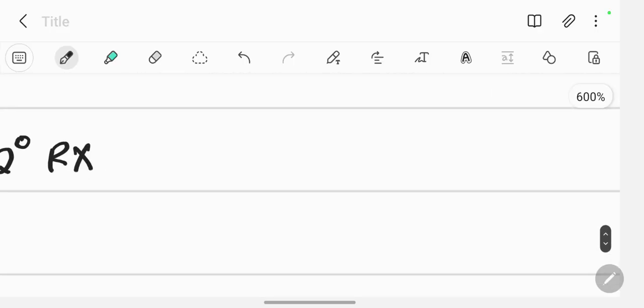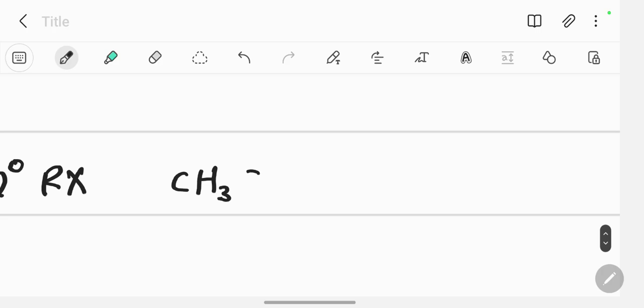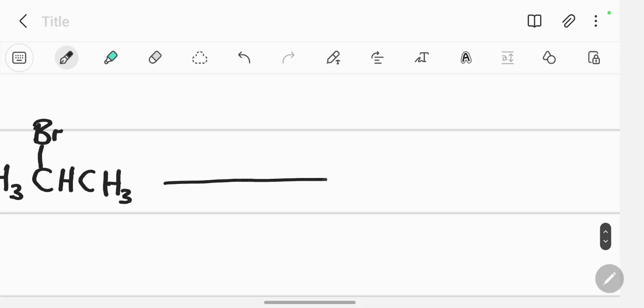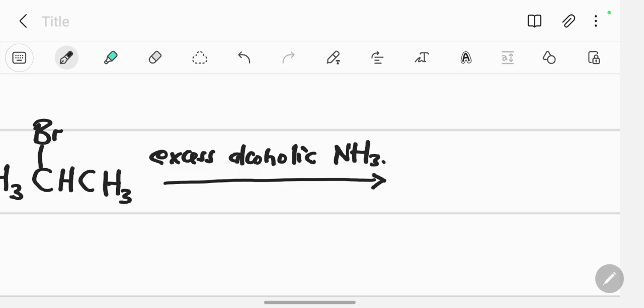So for secondary alkyl halides, if I'm having CH3, CH, maybe bromo, CH3, and I add the excess alcoholic ammonia or concentrated ammonia, and I heat in a sealed tube.